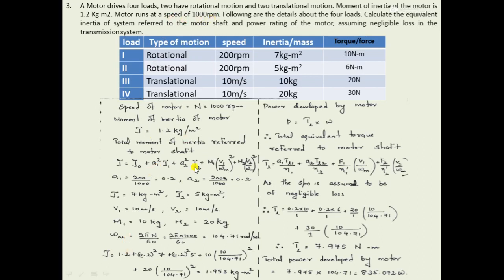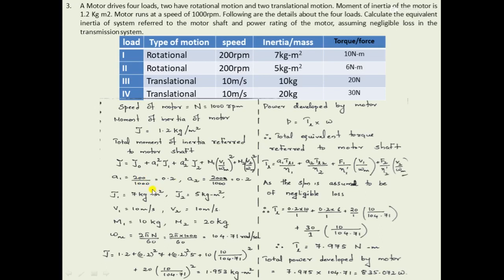The values of a1, a2 are not given directly. You can determine them by using the relation of gear ratio. That is a1 is equal to N by N1, which is omega m1 divided by omega m. Either you can convert this into radians per second and do the division, but it's not necessary because the motor speed is also given in RPM here. So instead of omega m1 we can write it as N1 divided by N, that is 200 divided by 1000 RPM.